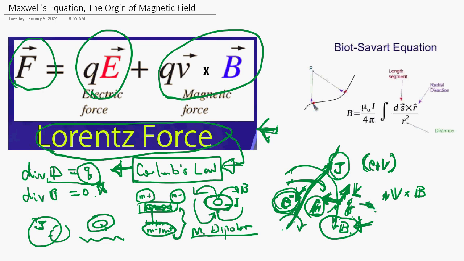So the force is going to be in the other direction. So that's the reason we introduce the magnetic field, and this magnetic field is generated by current, and the magnet, this dipolar, is also generated by the current.